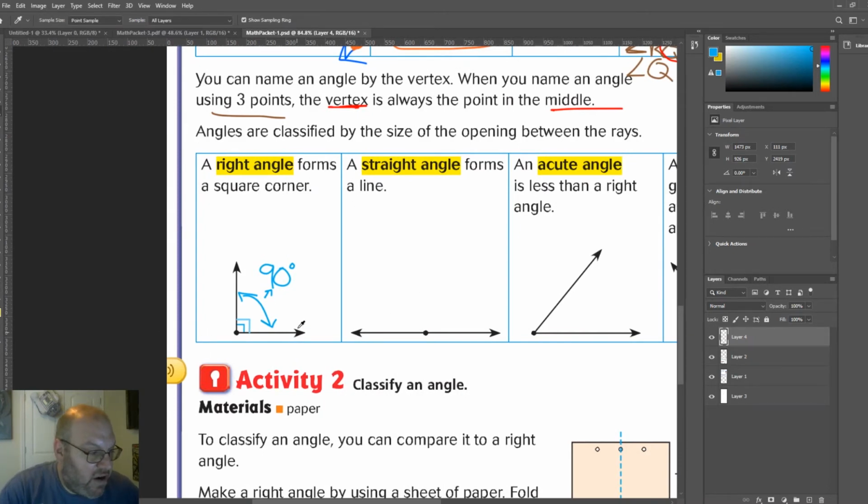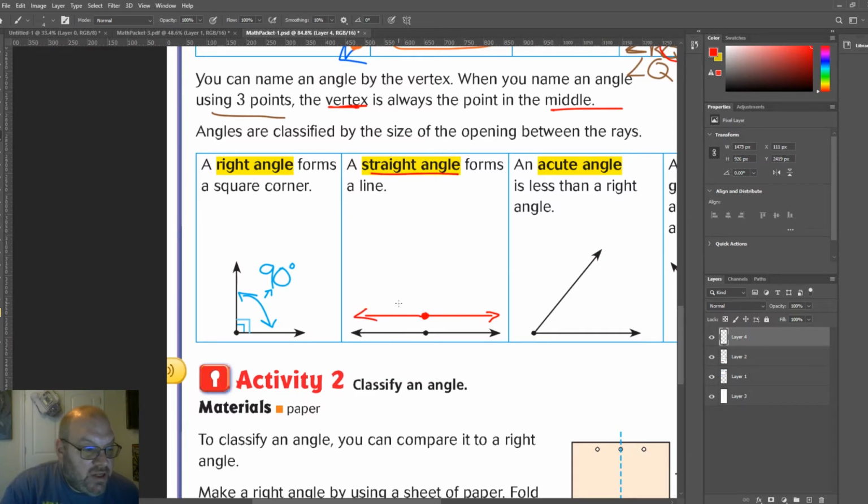A straight angle forms a straight line. That's easy enough, right? So we got a vertex here, we're going to go out here. I do not like that color, y'all. Let me get my red back. So we got a point, and we have two lines that go out.